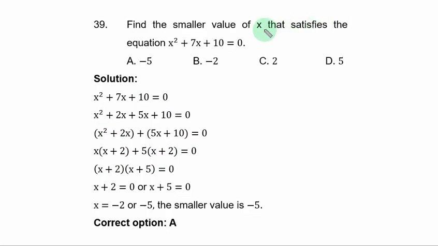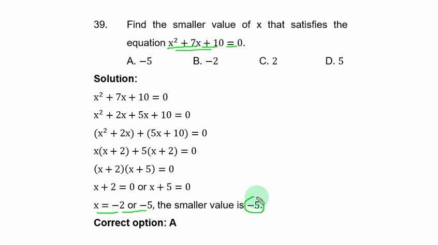Question 39. Find the smaller number of s that satisfies the equation s squared plus 7s plus 10 equal to 0. I just factorized one equation in question 38. If you use similar procedures and factorize this equation, you have s equal to minus 2 or minus 5. The smaller value here is minus 5.